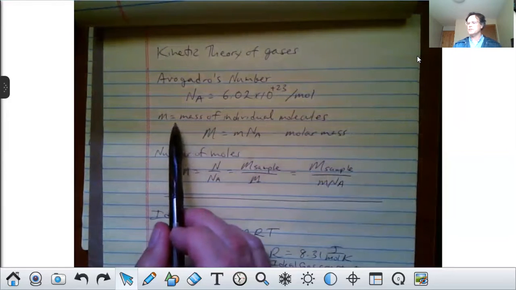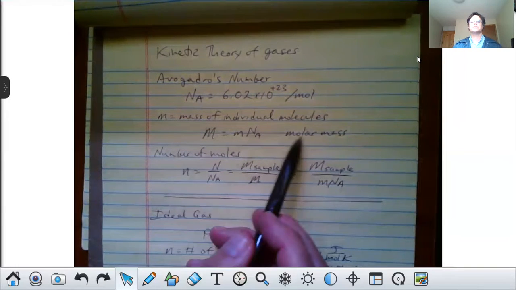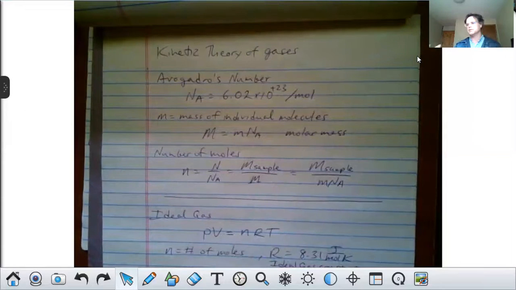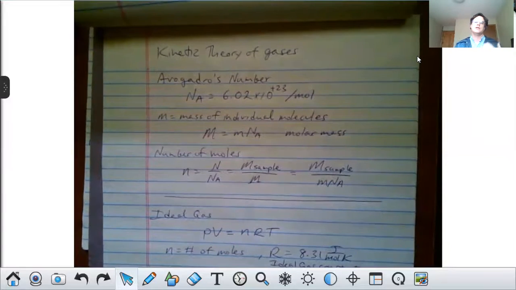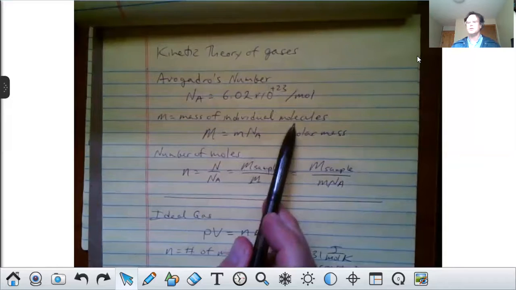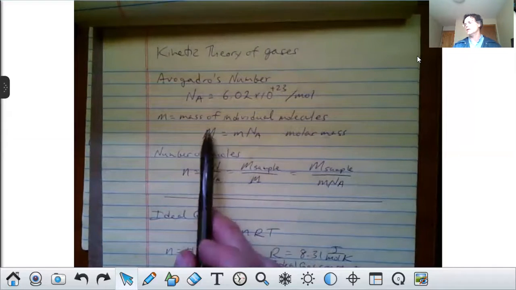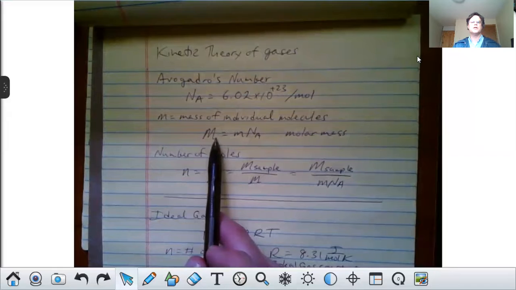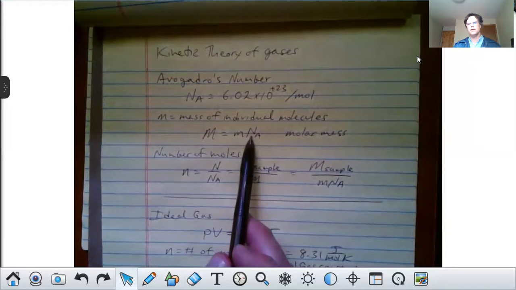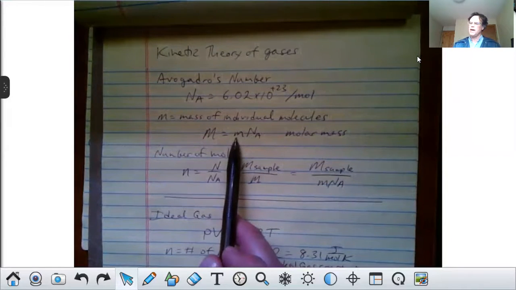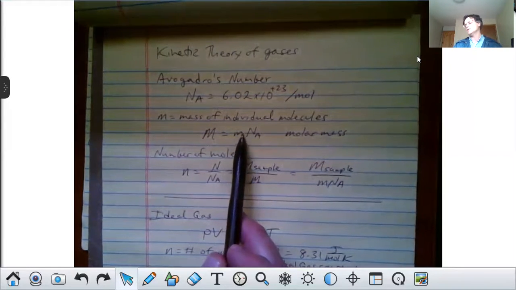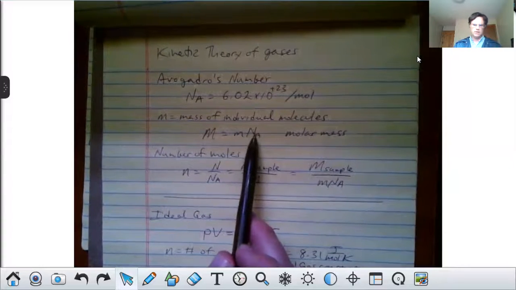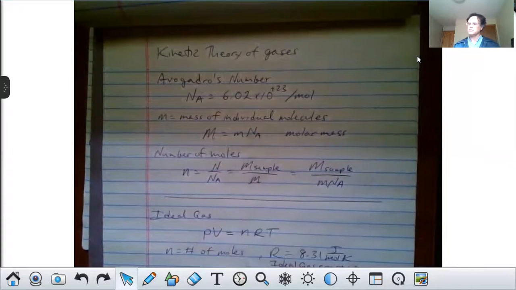We can also talk about the molar mass, which is the mass of 1 mole of whatever substance it is, which is going to be different because each individual molecule in a different substance may have a different mass. But the molar mass, in terms of Avogadro's number and the mass of the individual molecules, is just the mass of 1 molecule times Avogadro's number of molecules.